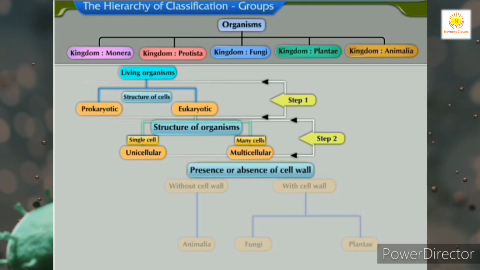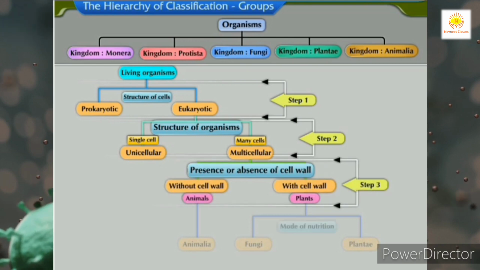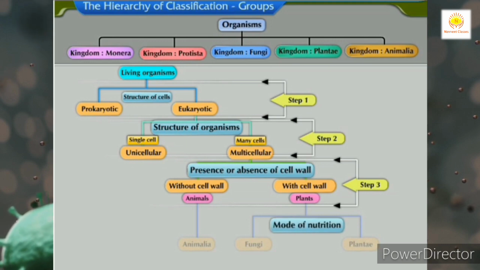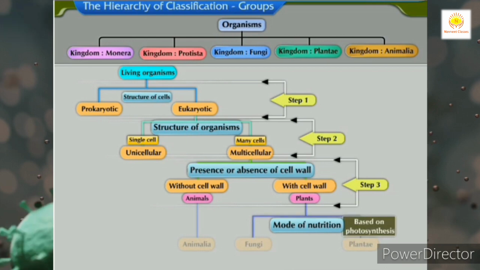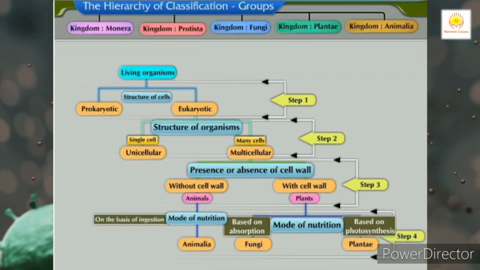Presence or absence of cell wall. It is considered to separate plants and animals, which is the third step. Mode of nutrition. On this basis, the green plants are separated based on photosynthesis, fungi on the basis of absorption, and animals on the basis of ingestion. This is the fourth step.